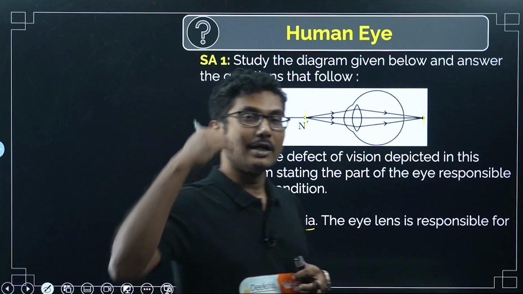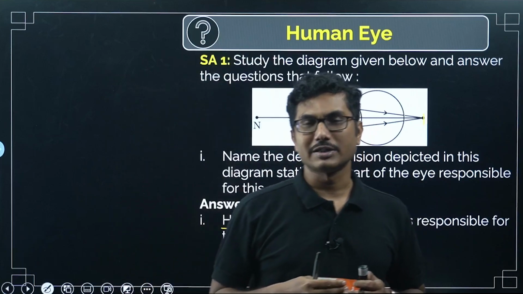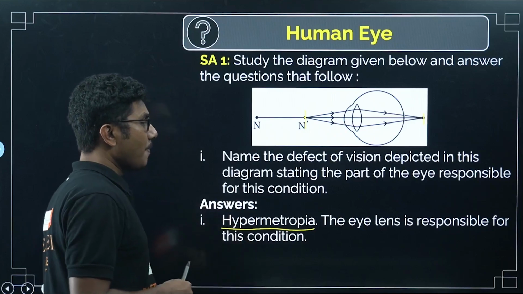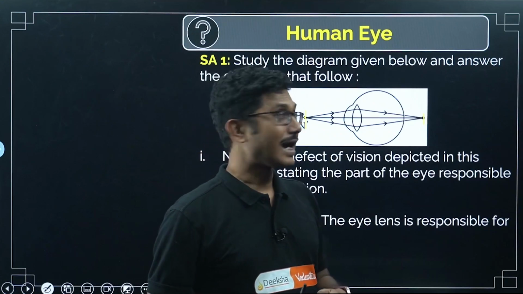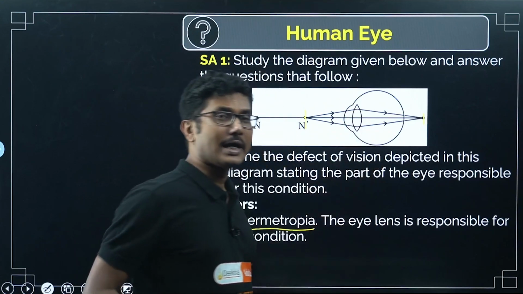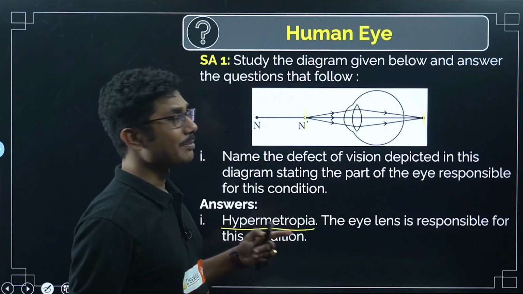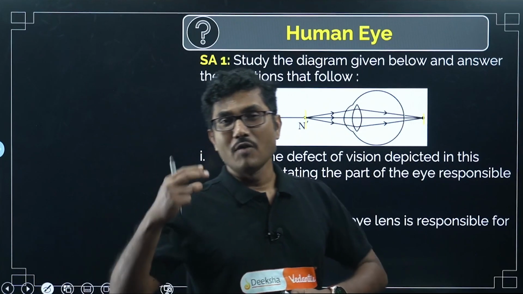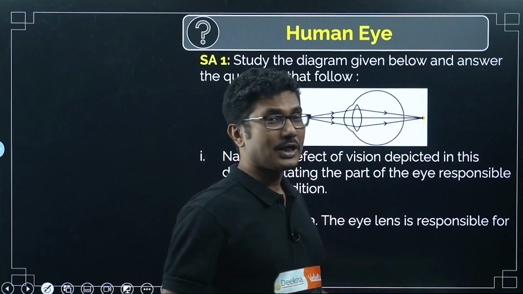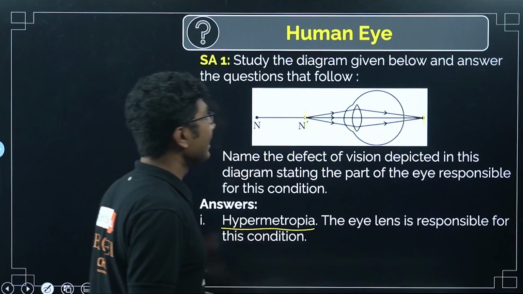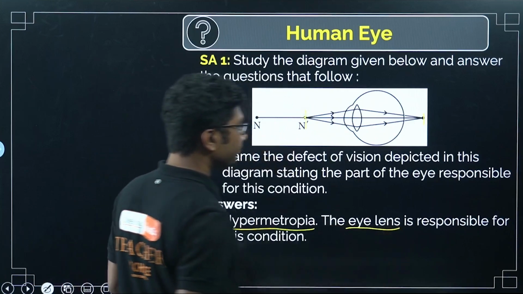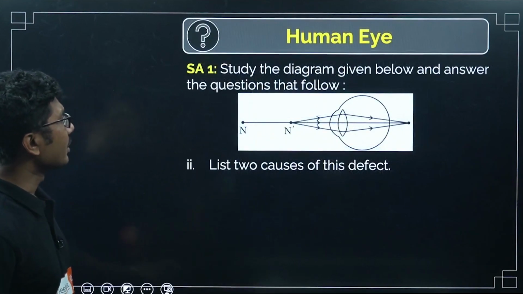We can see distant objects clearly, but we cannot see any objects which are close to our eye, and the eye lens is responsible for that. Also the shape of the eye and many other things are responsible, but the main culprit is the eye lens, because it cannot focus the closest object onto the retina. So the main thing responsible for this is the eye lens. Okay, now let's move on to the next part.